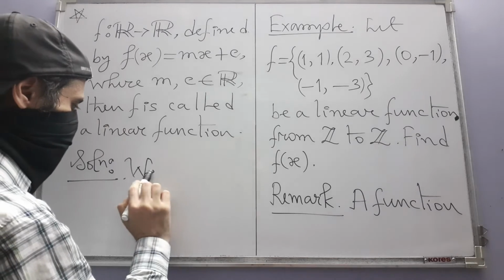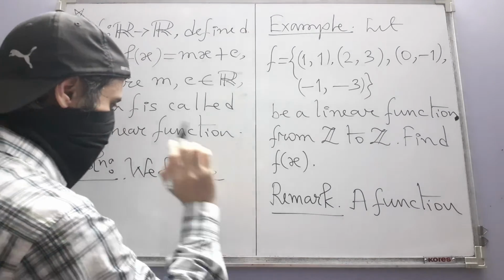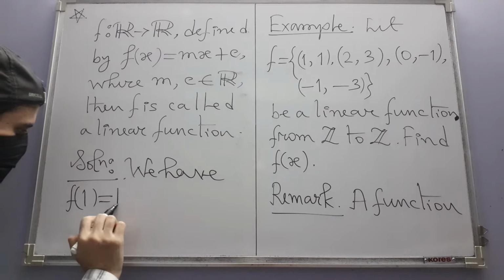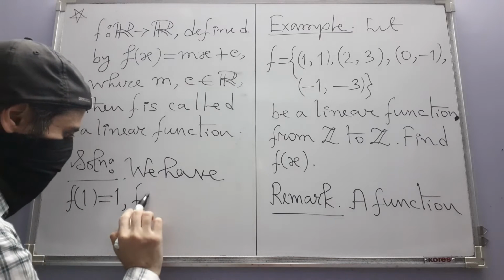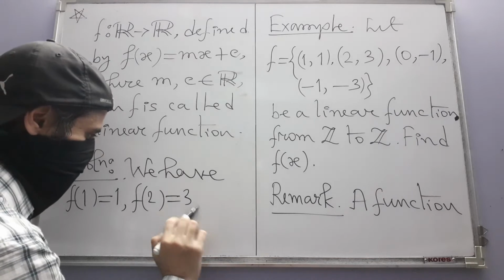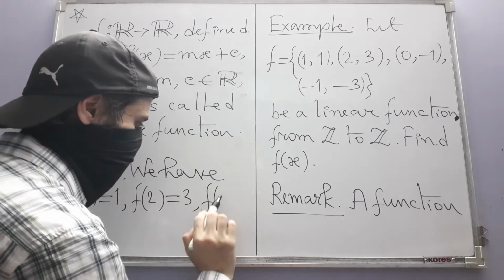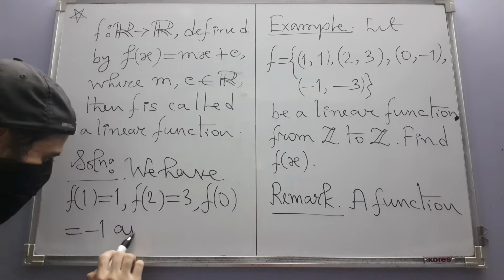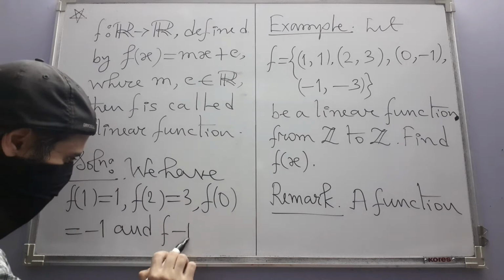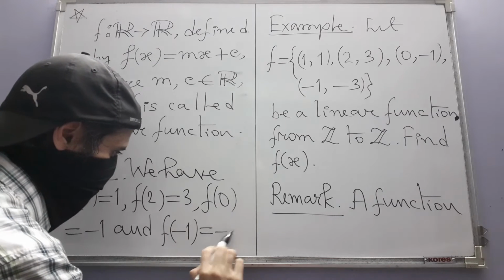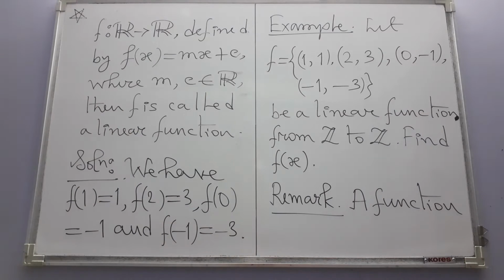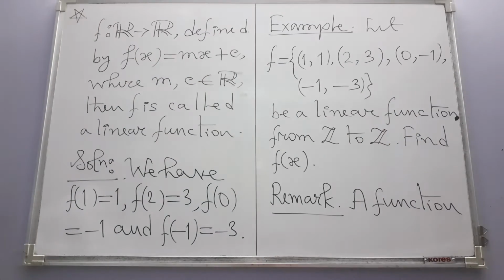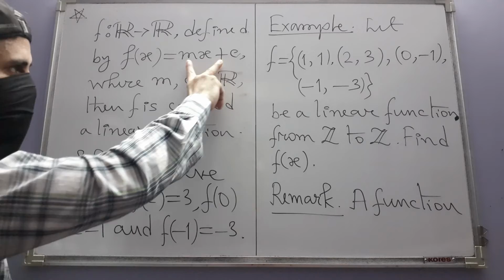We have f of 1 is 1, f of 2 is 3, f of 0 is minus 1, and f of minus 1 is minus 3. But the additional information is that it's a linear function, which means that it will have this form, its formula.